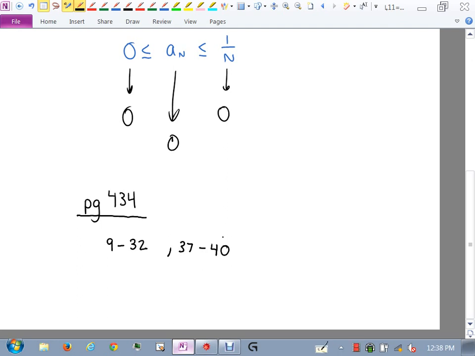My recommendation, as always, is work through the odds first and then go back and try and look at your evens. All of these problems, you're trying to find the limit as n goes to infinity, except for these. I think 37 through 40, determine if it's increasing, decreasing, is it bounded? So that's what these last ones are.